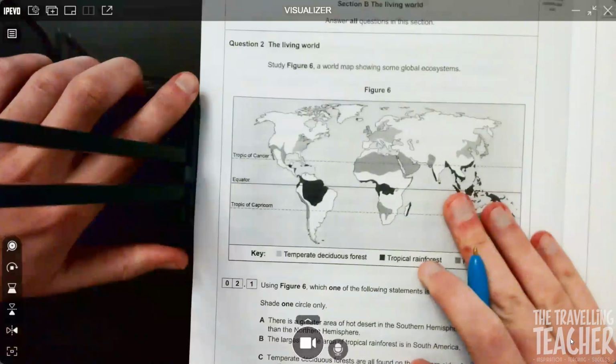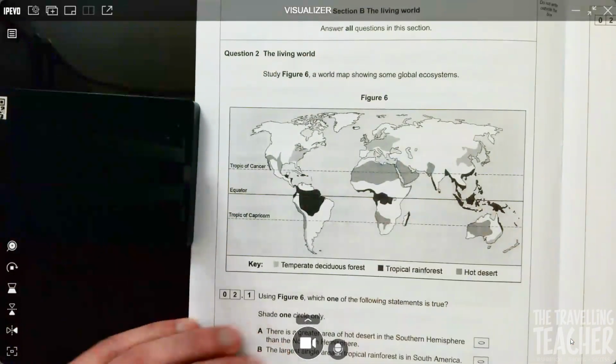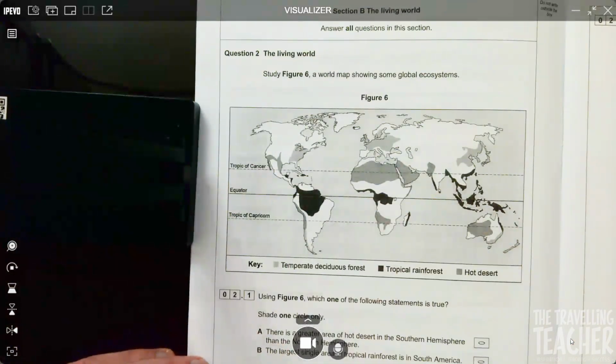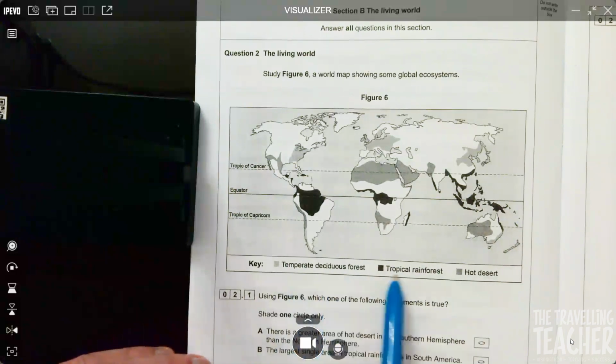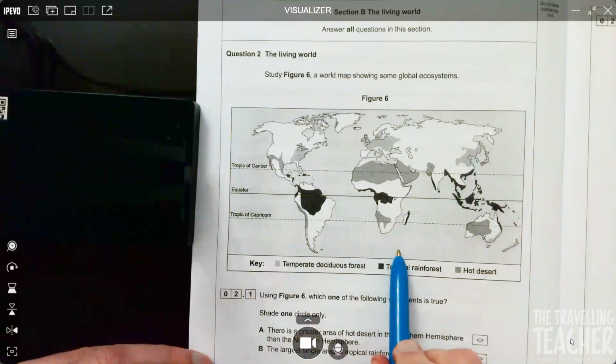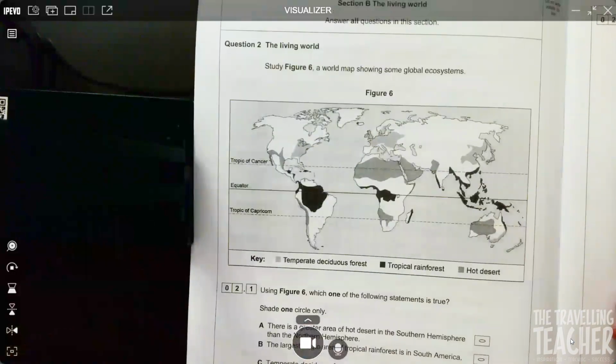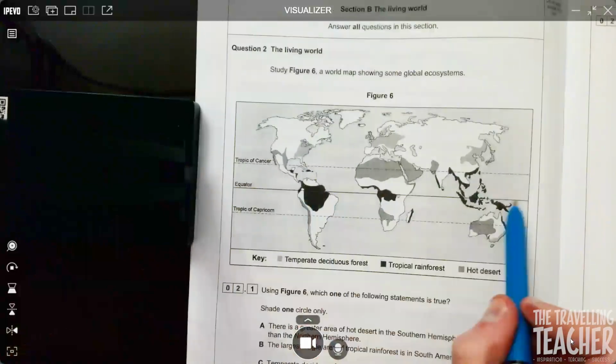So turn the page. We now go on to question 2, the living world. So take your time with this one. Study figure 6, a world map showing some global ecosystems. We have temperate deciduous forest, tropical rainforest, hot desert. Might be a bit harder to see with my map because it is in black and white, but you should have a rough idea of where these biomes are. Tropical rainforest obviously is along the equator.